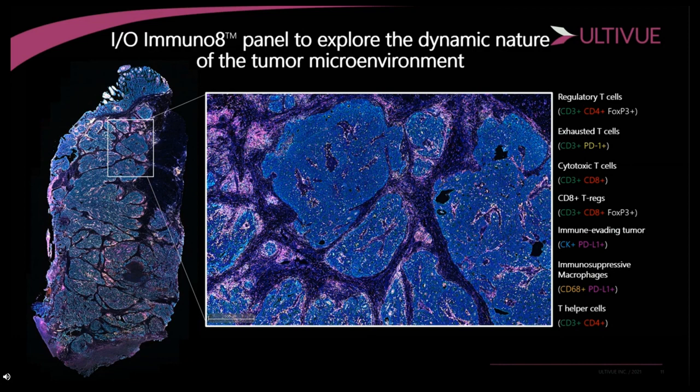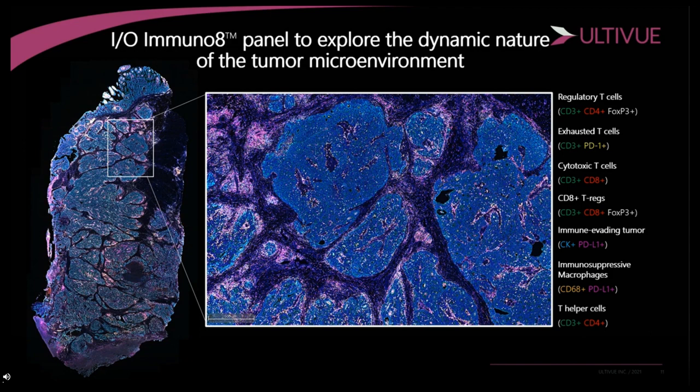And now the Immuno 8 panel includes markers that allow to identify the key T cell phenotypes, including regulatory T cells, exhausted T cells, cytotoxic T cells, but also immune-evading tumor cells or immune-suppressive macrophages.